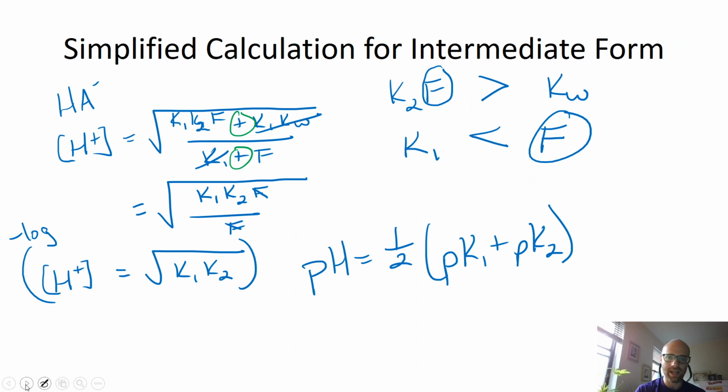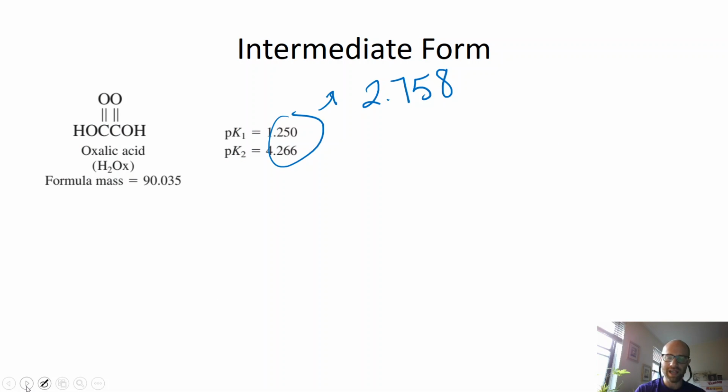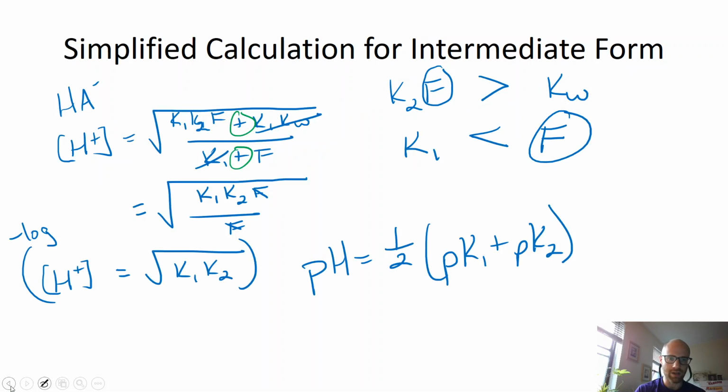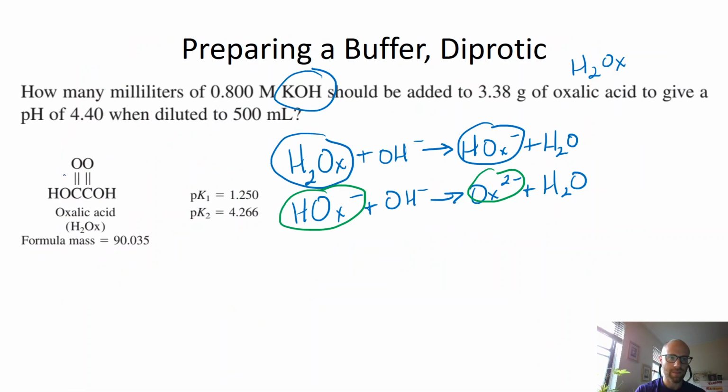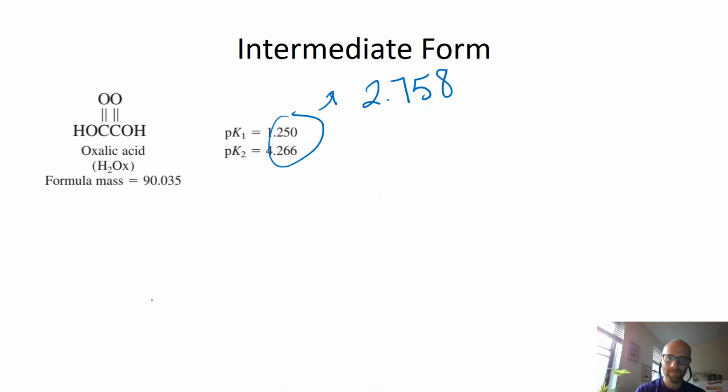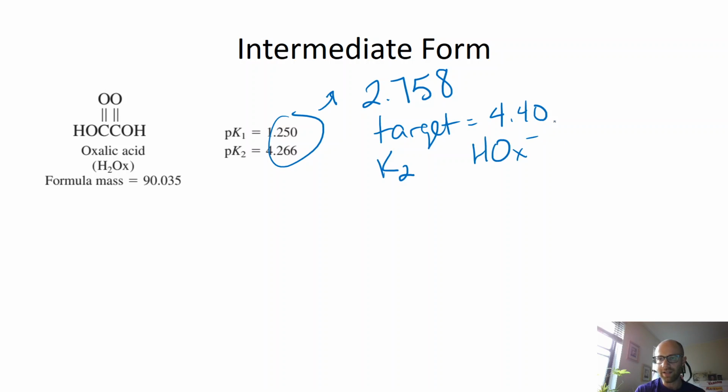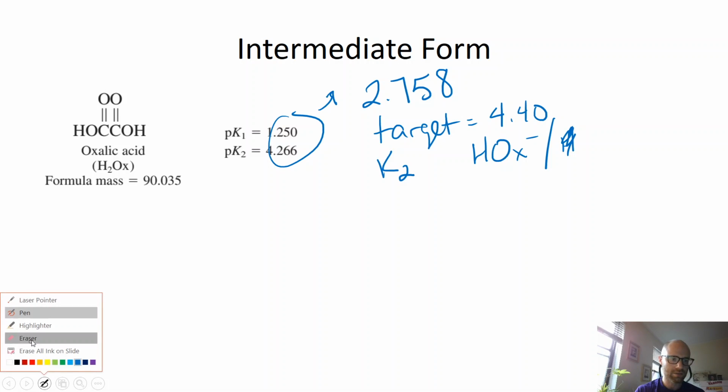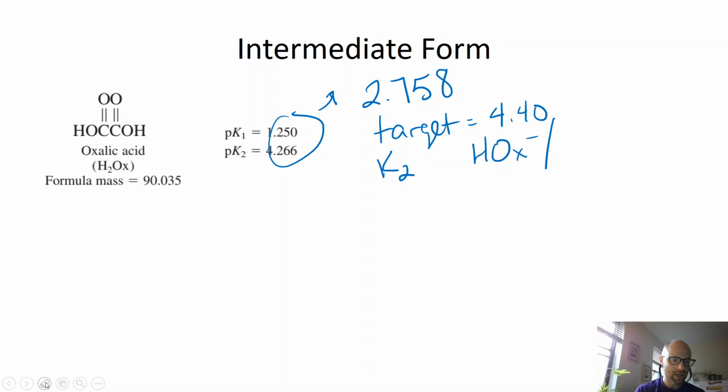Based on the fact that 2.758 is our tipping point and our target pH is 4.40, then I know that my buffer is going to be a K2 dominated buffer that contains HOx minus and the oxalate anion.